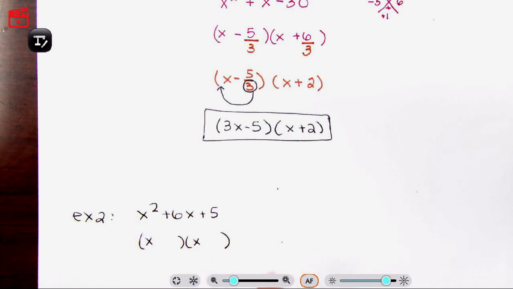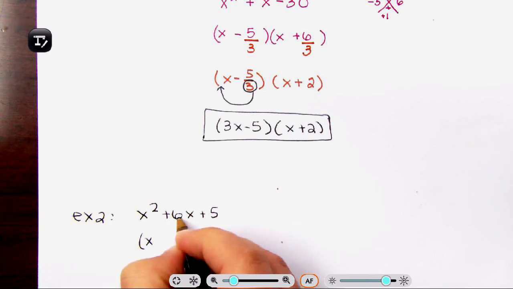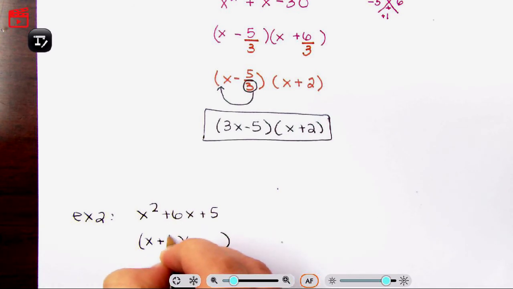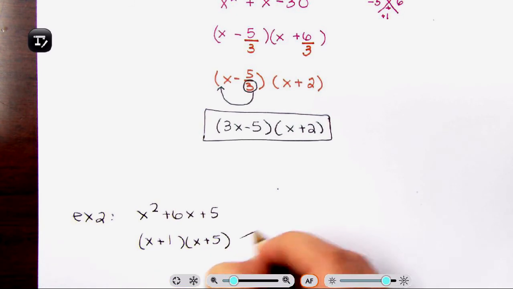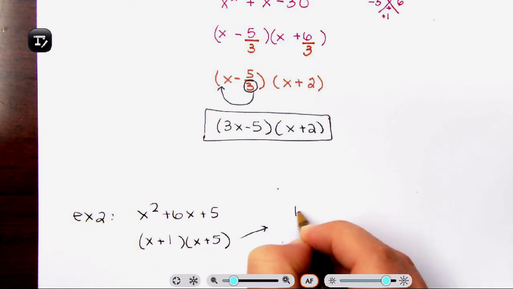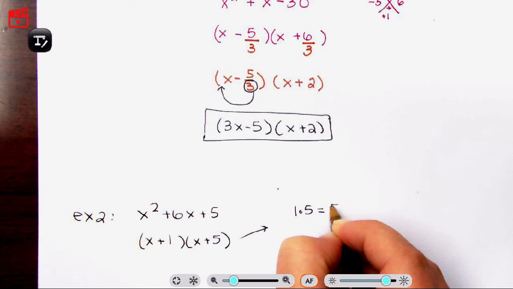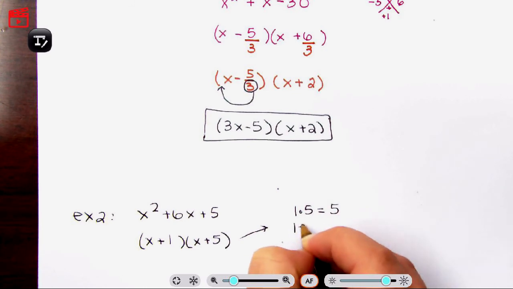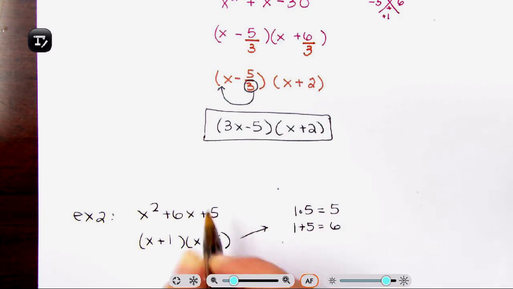So two numbers multiplied to give you 5, but when you add them, give you 6, and that is plus 1 and plus 5. That is because 1 times 5 is 5, but 1 plus 5 is 6.